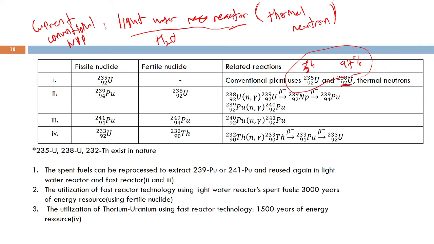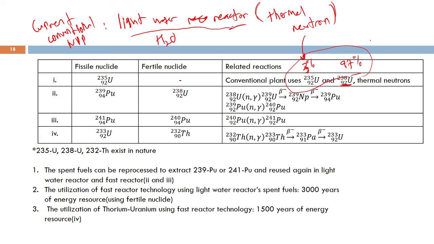And this thermal neutron will do the fission with the uranium-235, which is why it is called a light water reactor.